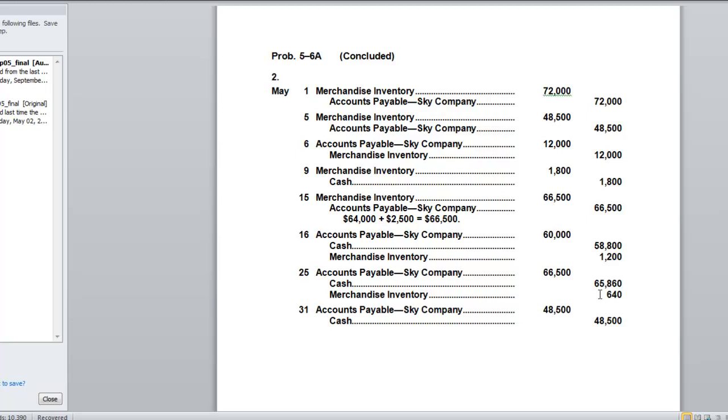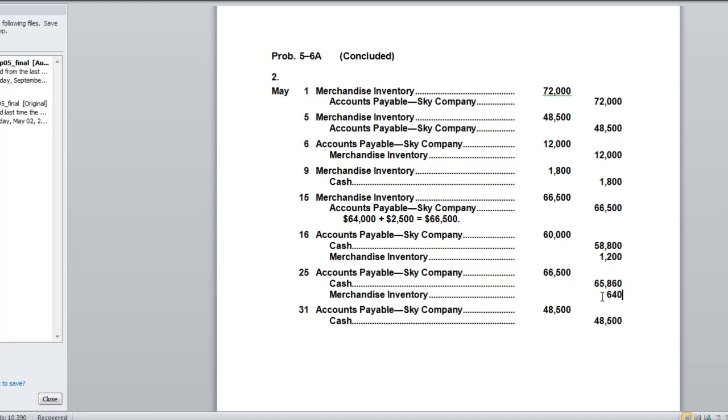We reduced that by the $640. So when we look at the total amount that we owe them for delivery expense and for the inventory, we would reduce it by the amount of the discount, and we're looking at an amount that we need to pay of $65,860.